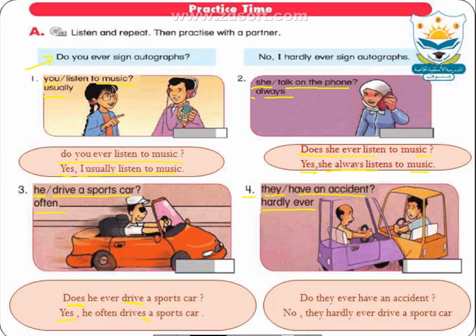The question is, do they ever have an accident? No, they hardly ever. Don't forget, we use hardly ever and also never to express negative, so no need here to use not or don't. So I use hardly ever instead of don't.